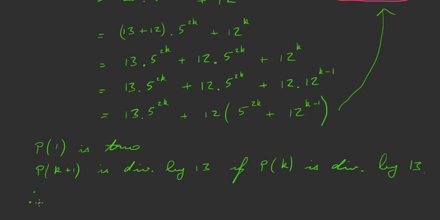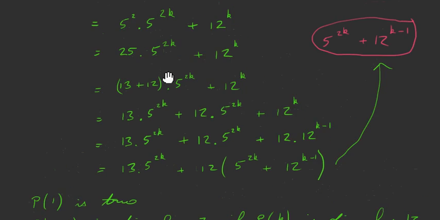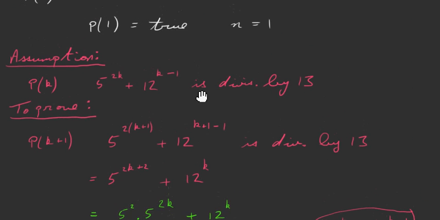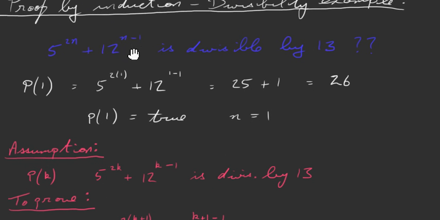Therefore, the proposition is true for all n that is an element of N. In other words, whatever n we put in here, this will always be divisible by 13.